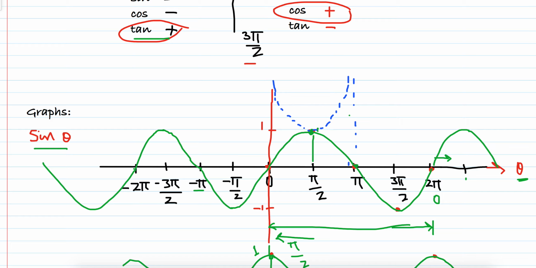So here I am drawing the graph of cosec, and here the value becomes negative, so cosec also becomes negative. At pi it will be negative infinity, at 3 pi by 2 it will be exactly minus 1, and at 2 pi again it will be minus infinity.